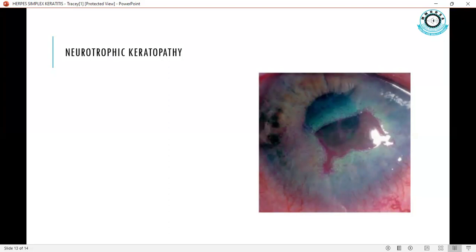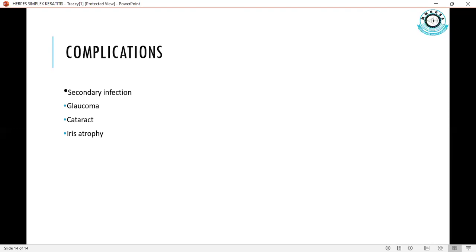Then finally we have the complications of HSV. We have the secondary infection.